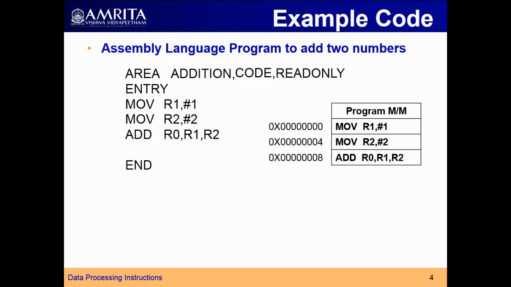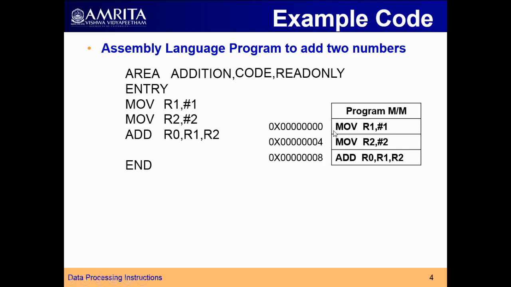Whatever instruction you write will be converted into a 32-bit opcode, because only that opcode can be understood by the processor. If I write MOV r1, #1, the processor cannot understand anything. Based on that opcode only, the processor executes the instruction, right?